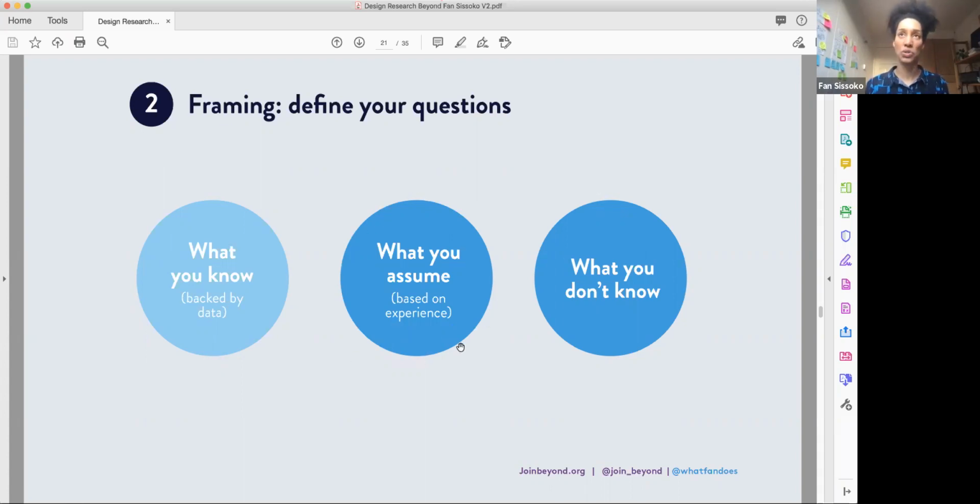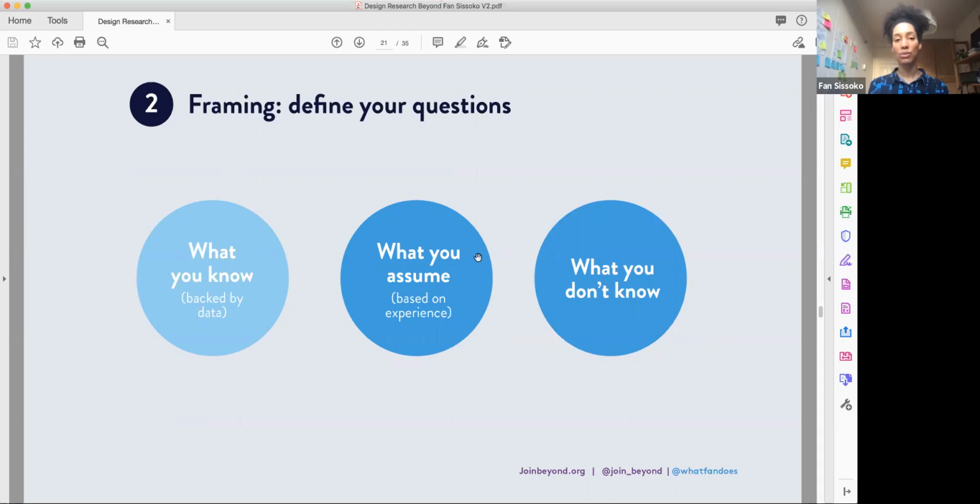And generally what we assume is maybe based on experience, or maybe based on stories that we've heard, or based on our own biases or perspective that we bring to this research as individuals. And then finally, we'll map everything that we don't know about this problem. And if you receive the tool after today, there is an example there that's broken down.